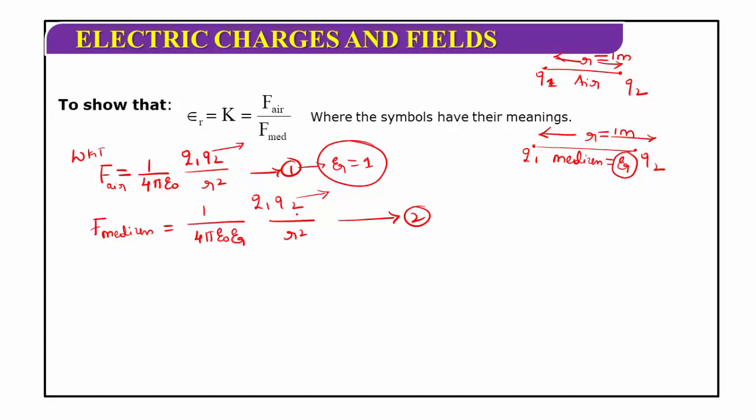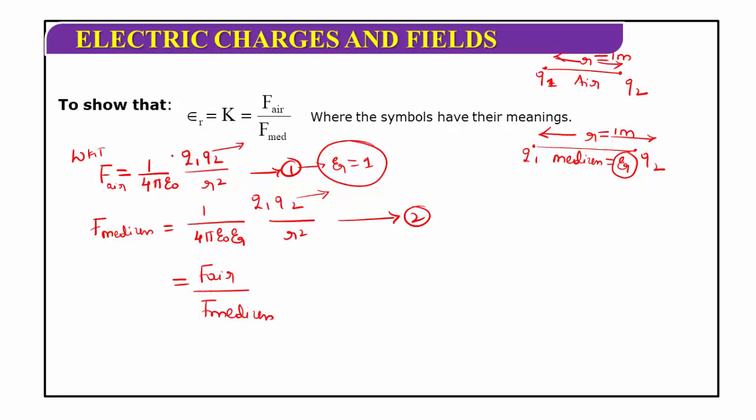Now take the ratio of the force between the two point charges in air to the force between the two point charges in the medium, dividing equation 1 by 2, we get F air divided by F medium.